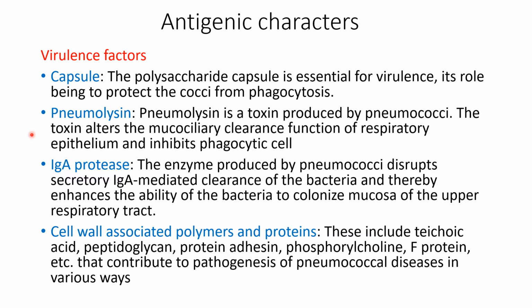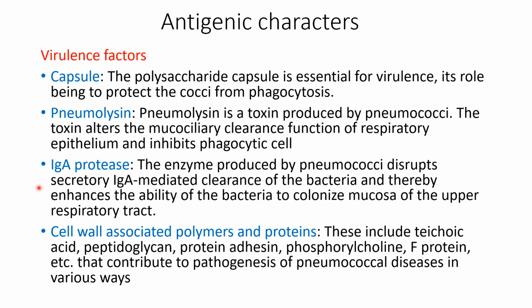Whenever you get a sneeze or a cough or some mucus in your nose, it means the foreign substances lodged in your respiratory tract are getting cleared by the mucociliary action. This is a very good immune response present in our system, but Streptococcus pneumoniae can effectively overcome this mucociliary clearance with the help of pneumolysin.